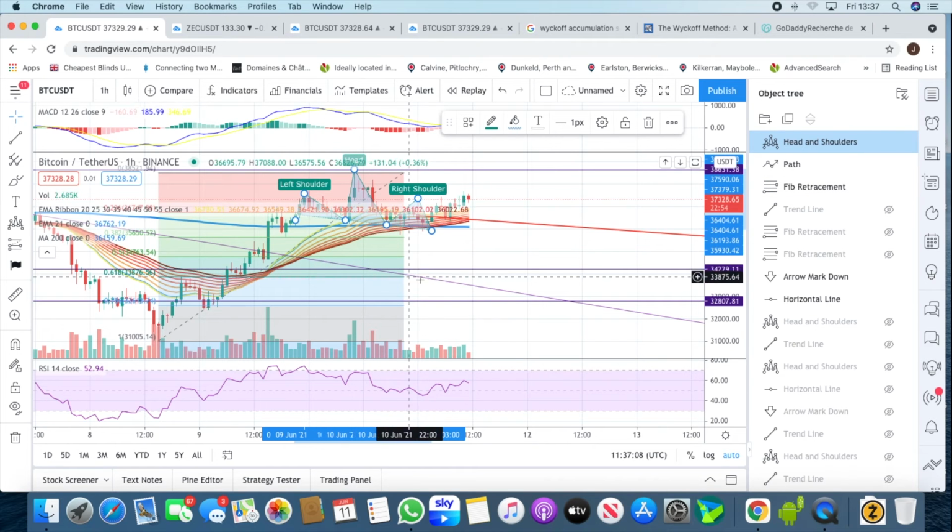So this was the upper resistance of that channel, and as it broke out, you see it had this burst up. I think we now want to come back and test, firstly, this former resistance, which will turn support, and secondly, we see this tying in with the 0.618 fib. Maybe it even comes down further at this point and tests the 0.78 fib.